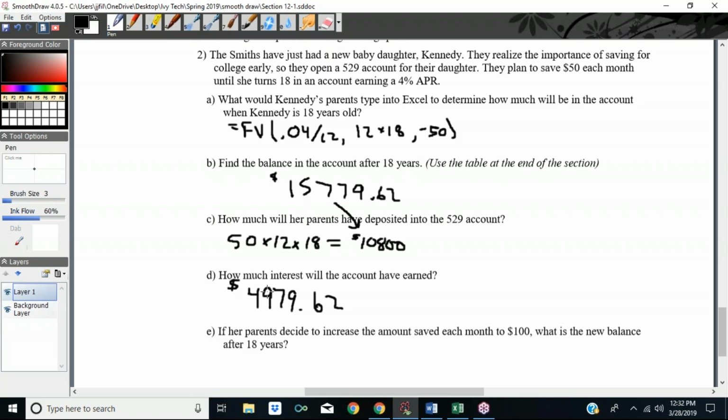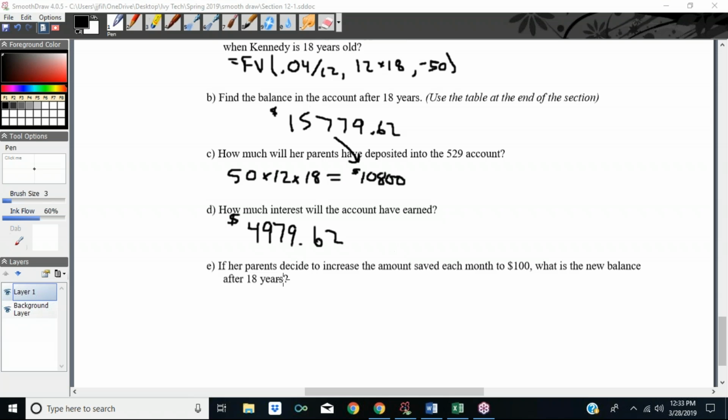Perfect. I think I saw that in all your chat rooms. Okay, good. And letter E, if her parents decide to put in $100 each month instead of 50, what will be the new balance after 18 years?